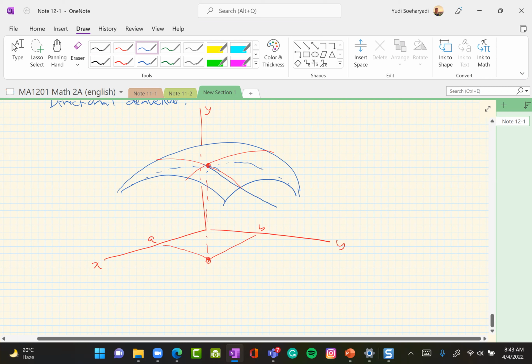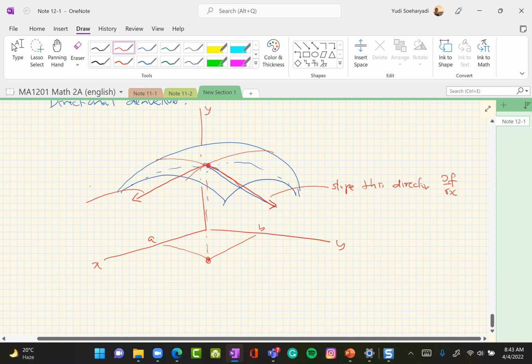Not the blue one, sorry. Should be clearly red. Okay. And the slope of this direction is the df/dx.